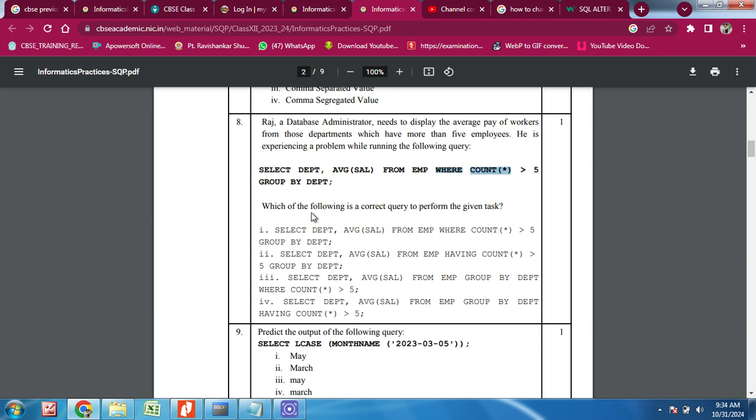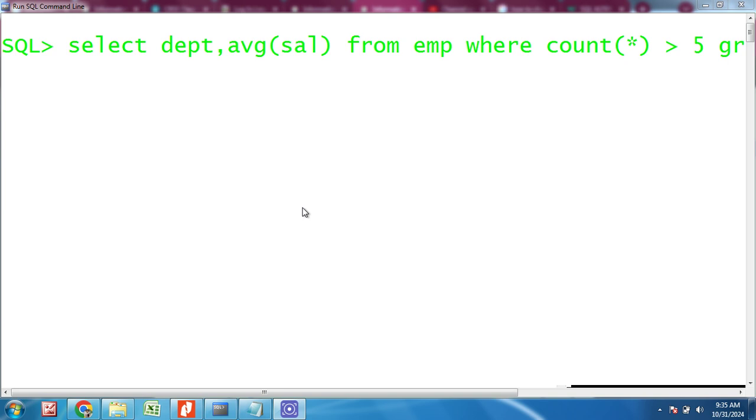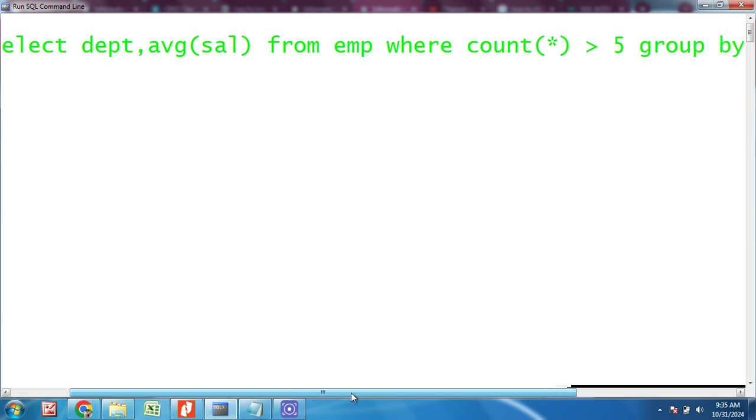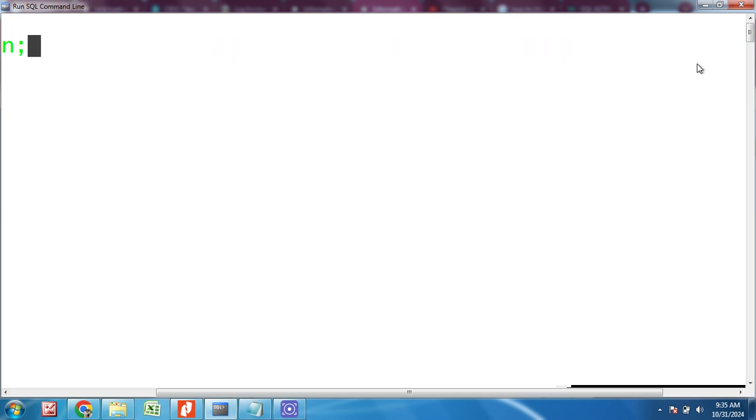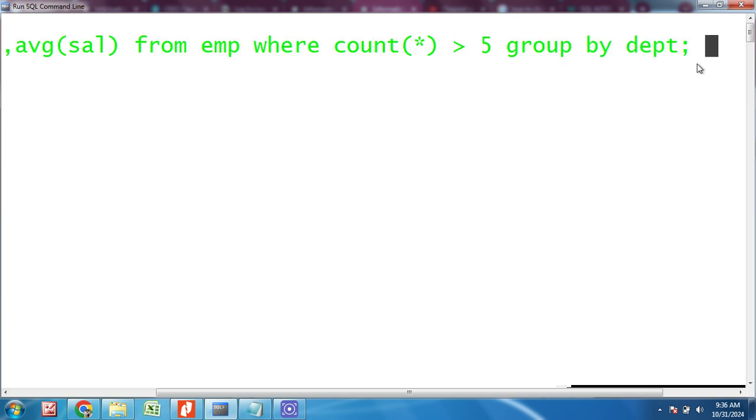So how do we modify that code? Let's try to execute the group function with where clause and see whether it gives an error or is executed. Select DEPT, average salary from EMP where count star is greater than 5, group by DEPT. Execute that.